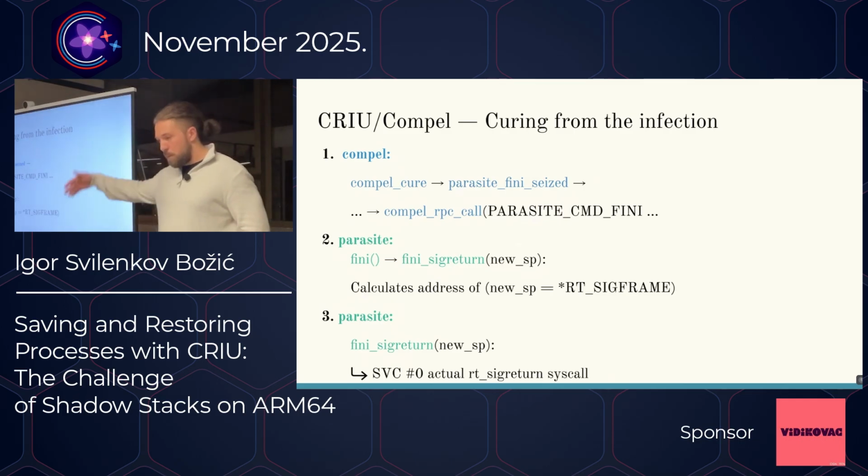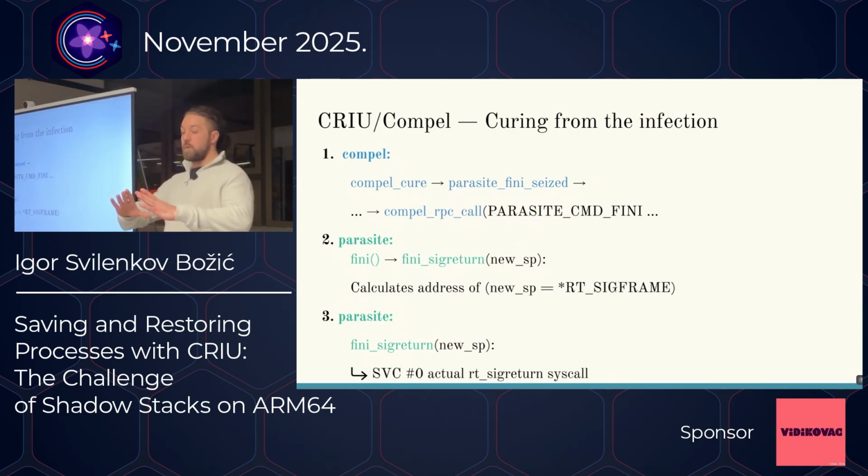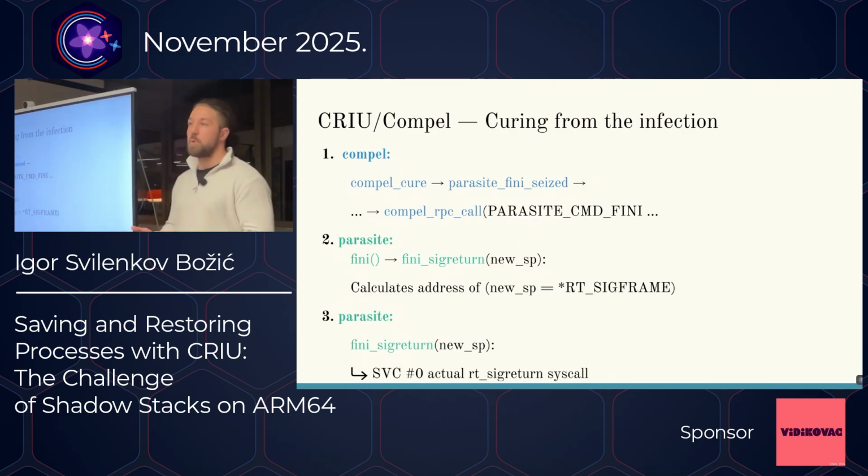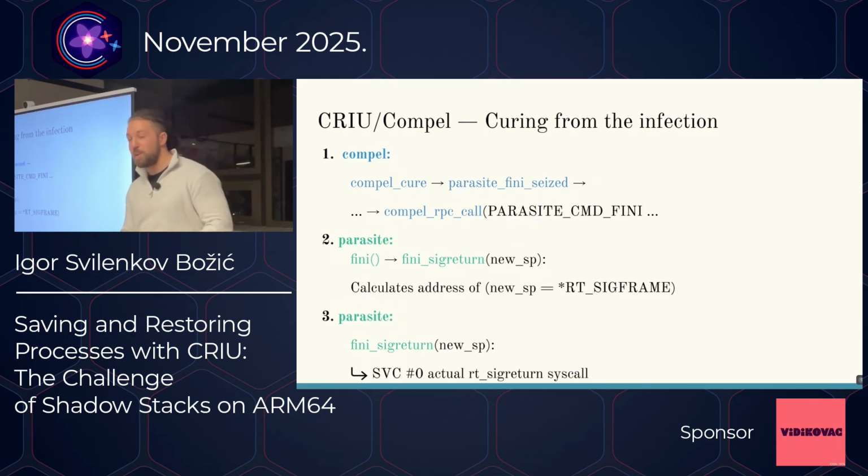If you remember the sigframe structure, the kernel looks at your process, looks at your stack and your sigframe structures, and just resumes the execution of your process. It's used for signal handling, but CRIU kind of hijacks it to use it for restoring the process, delegating the responsibility to the kernel, which does it well.